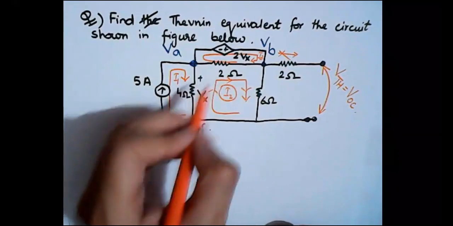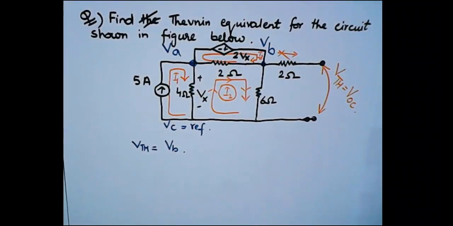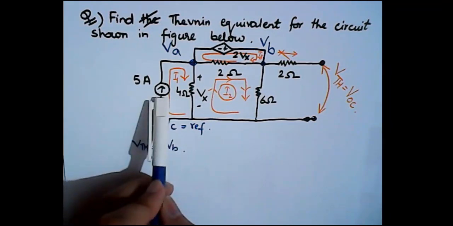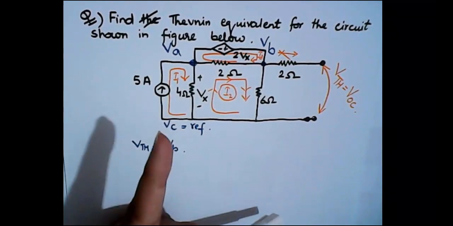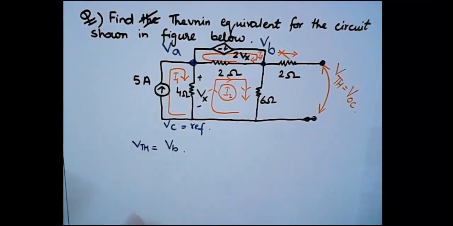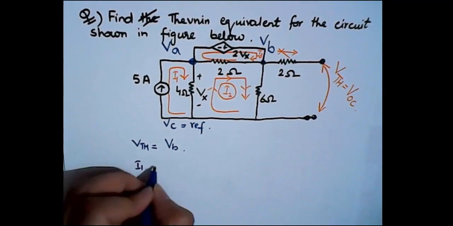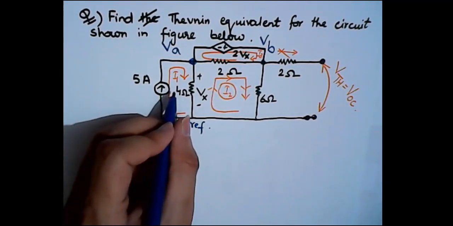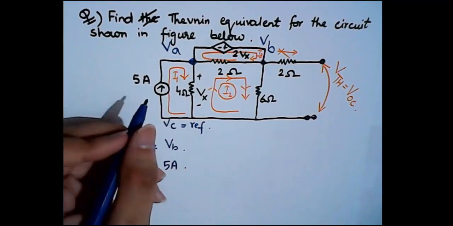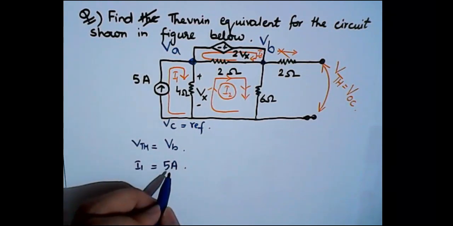I have very small space left, right? One more thing that you need to notice is that we have a current source here, but this source is only a part of a single loop. Ultimately, this means that I1 is equal to 5 amperes. Why? Because they are both in the same direction. Just suppose if they were in opposite directions, then I1 would have been equal to minus 5 amperes.